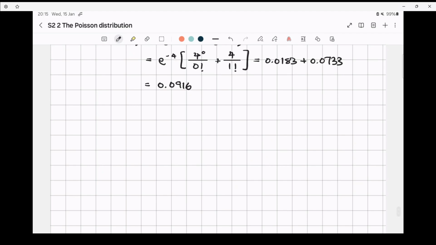The next thing that we are going to look at is to see the Poisson distribution as an approximation to the binomial distribution.